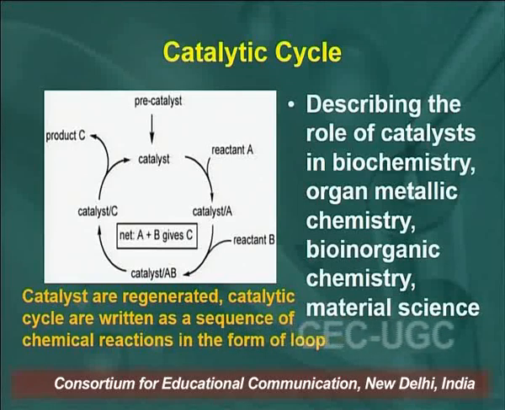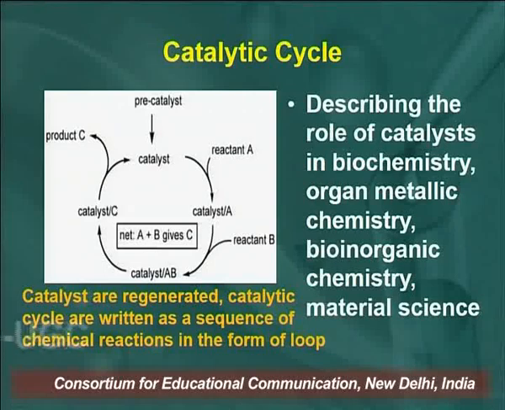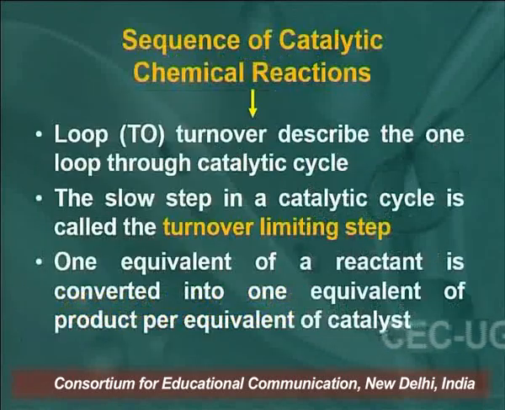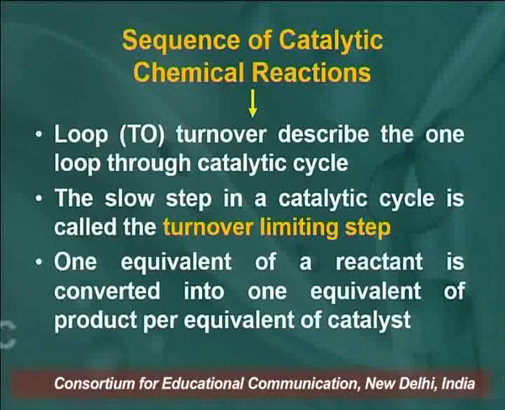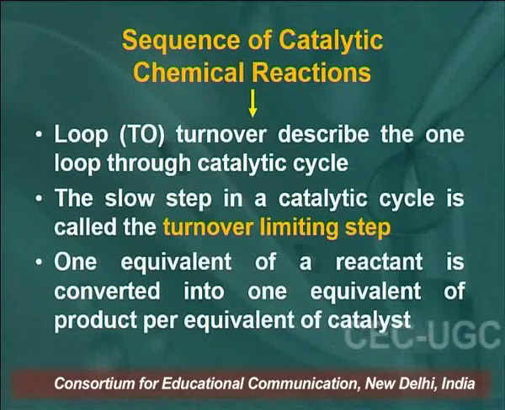The catalytic cycle is written as a sequence of chemical reactions in the form of a loop. On your screen, you can see the catalytic cycle in the form of a loop. The loop is represented by turnover, TO, describing one loop through the catalytic cycle.